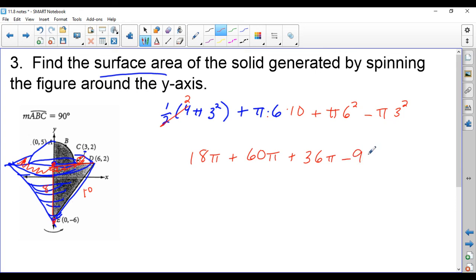And I'm going to subtract 9 pi. And when I combine all of these, because they are like terms, I have 18 plus 60 plus 36, take away 9. I get a total of 105 pi. There's no units here. That's my final answer.